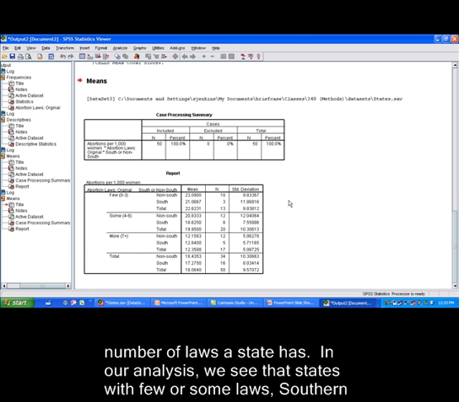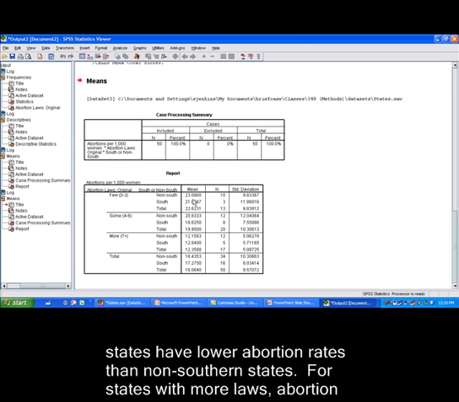In our analysis, we see that southern states with few or some laws have lower abortion rates than non-southern states, 23.0 in non-southern states versus 21.0 for those states with few abortion restrictions, as we see here.